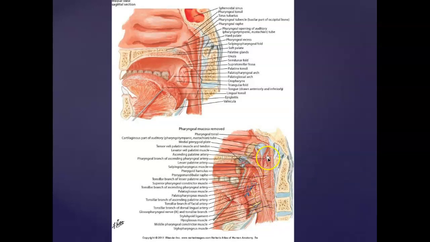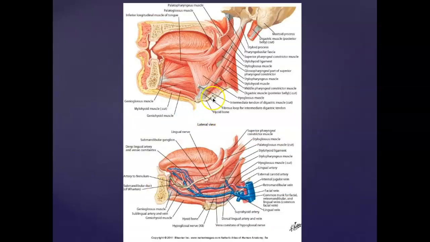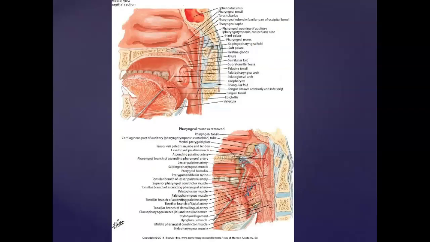There's one called the stylopharyngeus. Let's see if I've got a better picture of that one. Stylopharyngeus is right here, coming from the styloid process down to the pharynx. Oh, no, I'm sorry, that's styloglossus. Here's stylopharyngeus right here. Sorry about that. We're talking about the tongue in this bit. We'll get there as well, but the stylopharyngeus comes more straight down. Stylohyoid, styloglossus, stylopharyngeus coming down this way. Let me go back to this picture here, a better shot of the last one.